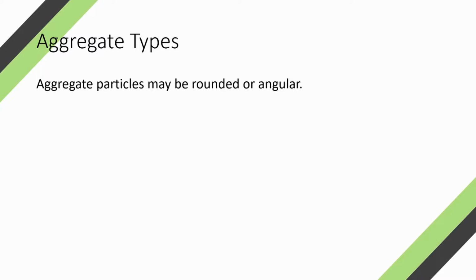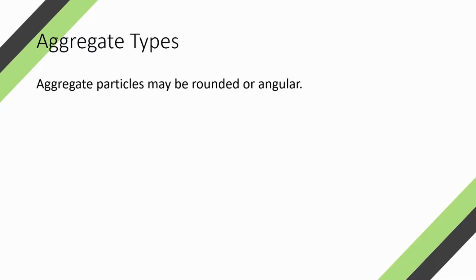So, yung angular aggregates is it helps in the binding. Kapag gumamit ka ng binding agent, nakakatulong yung mga angular aggregates kasi mas kumakapit yung ating binding agent. So, yun yung rounded and angular.